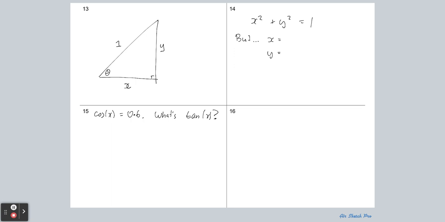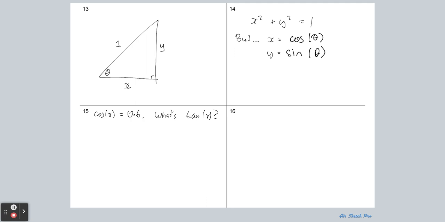But what does x equal? Again, on the unit circle, x is equal to cosine of theta, right? Because cos theta equals x on 1. So x is equal to the cosine of theta. And similarly, y is equal to the sine of theta. So what does that mean for x squared plus y squared?